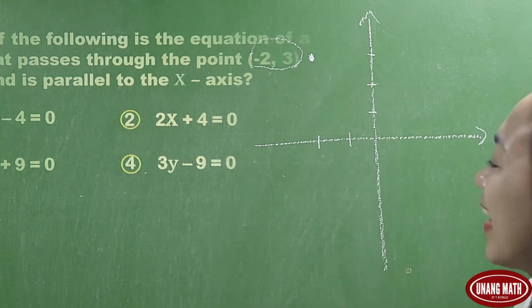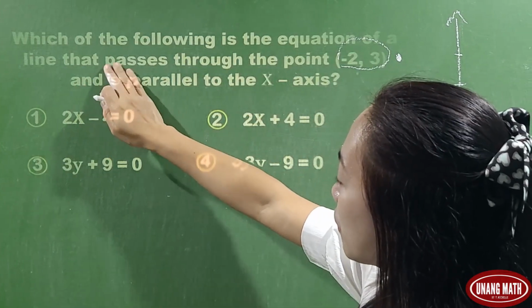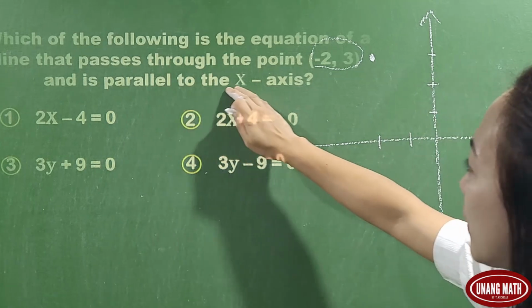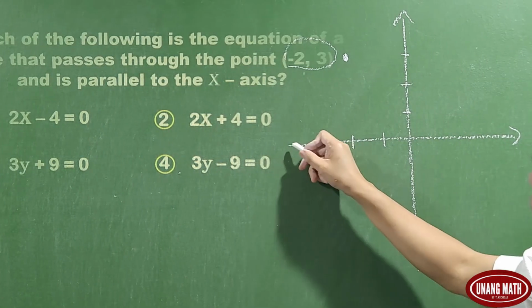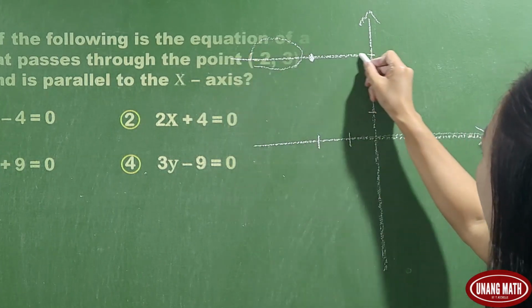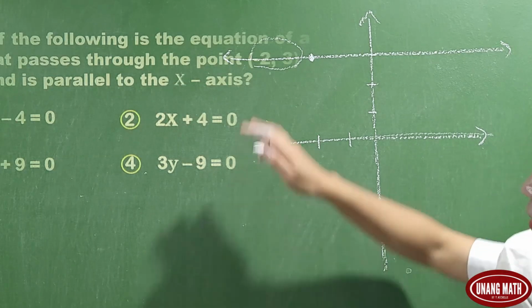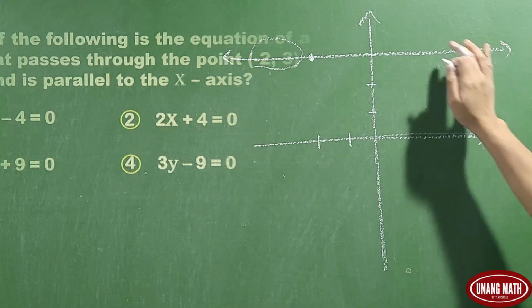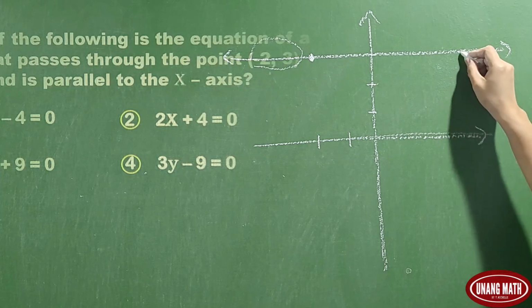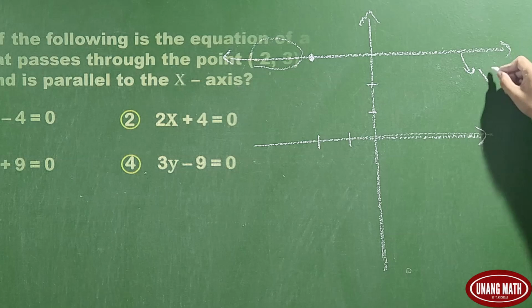So this point. And then another clue here is, according to this problem, this is parallel to the x-axis. So if this is parallel to this x-axis, then that means the graph looks like this.